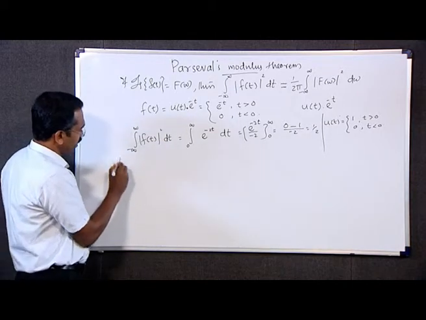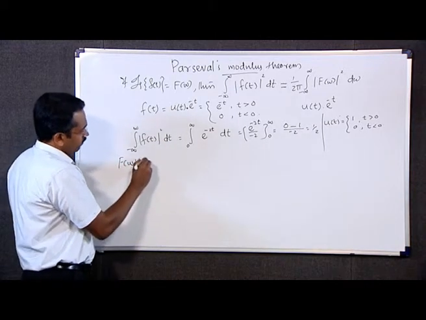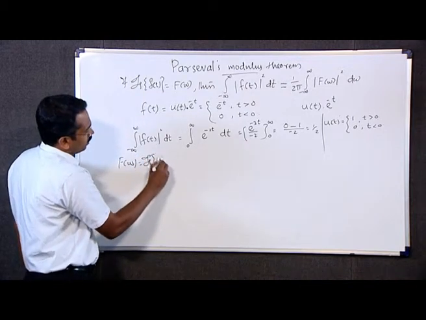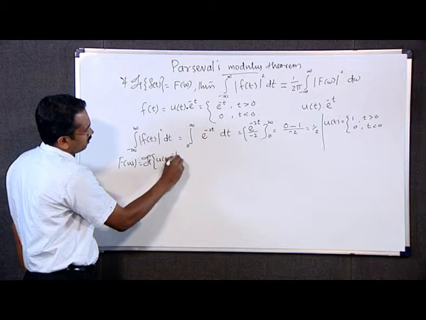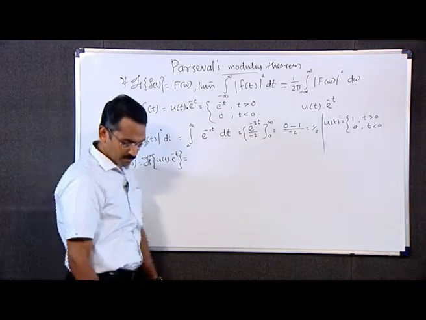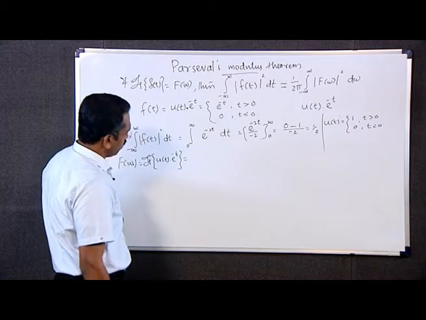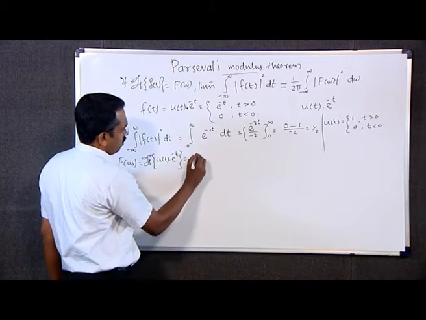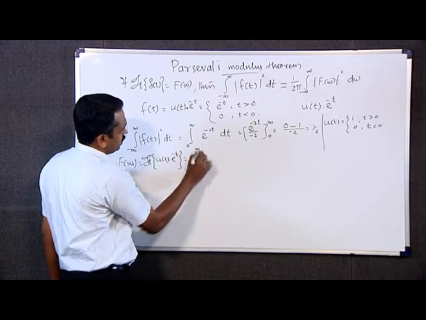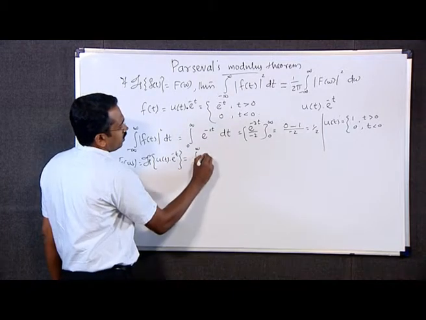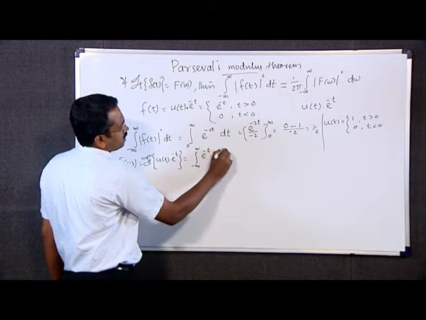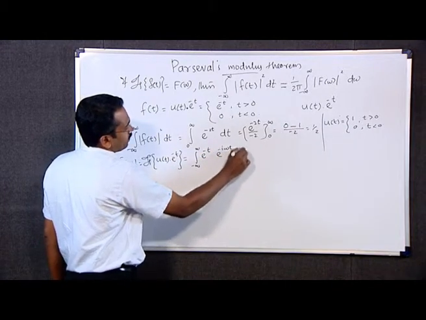Here f of omega equal to the Fourier transform of the given function u of t into e raised to minus t. That is, by the definition of Fourier transform, we get integral from minus infinity to infinity e raised to minus t into e raised to minus i omega t dt.